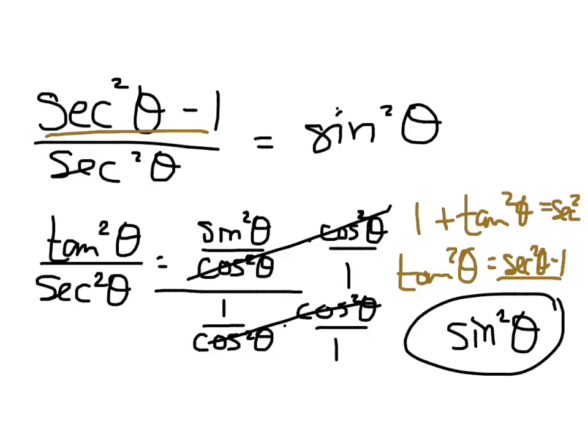So for some of your problems today, they're going to ask you to verify that it worked. All you have to do is use that substitution. If you notice, that's what I did. I used a whole lot of substitution and I canceled out things to show what it equals. It's already giving you the answer. So you just telling me that the answer is sine squared theta, great for you, you can copy it out of the book.